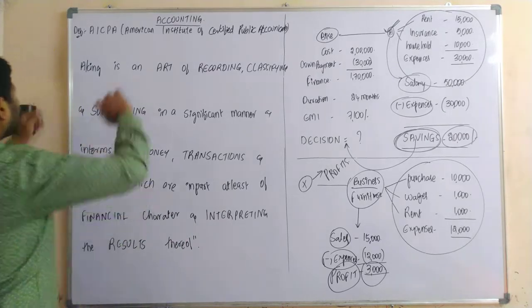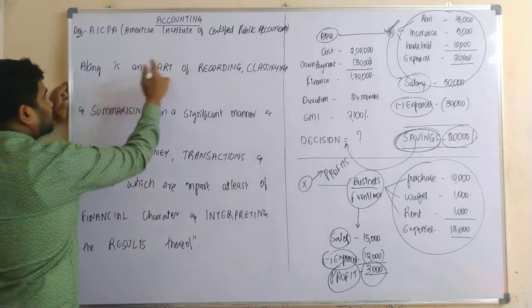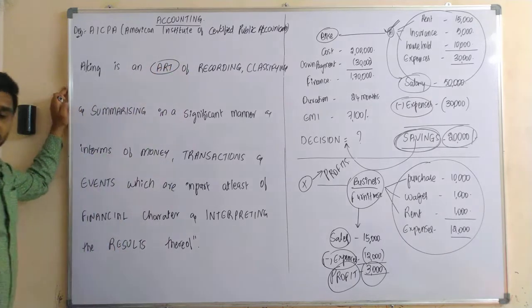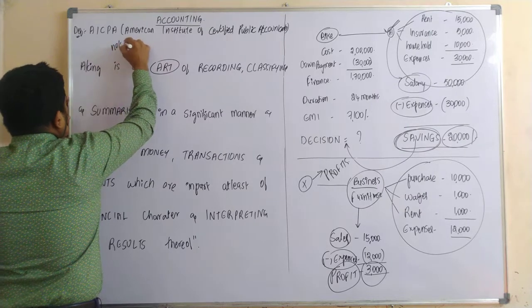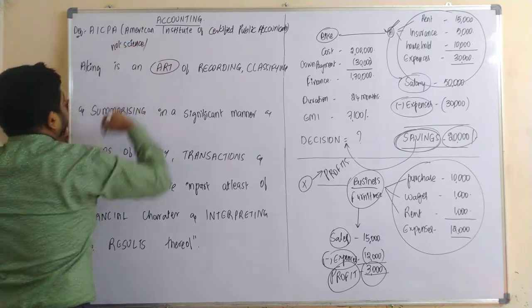So according to them, accounting is an art. Sir, what is the meaning of art? Art is nothing but which is not science.